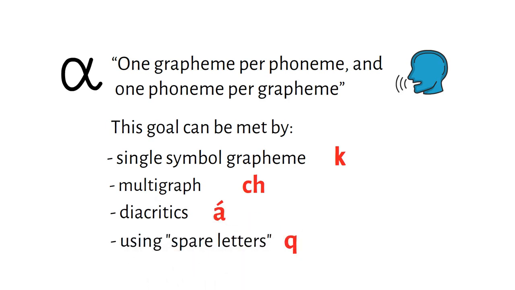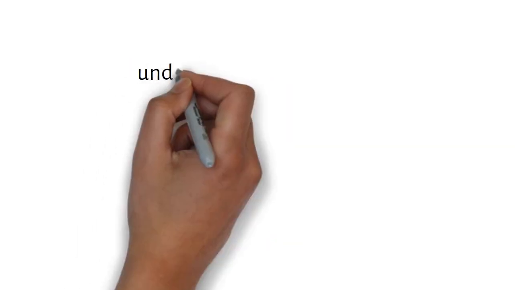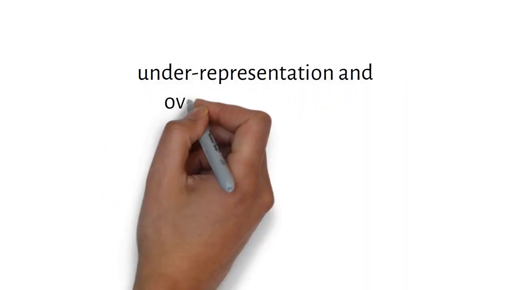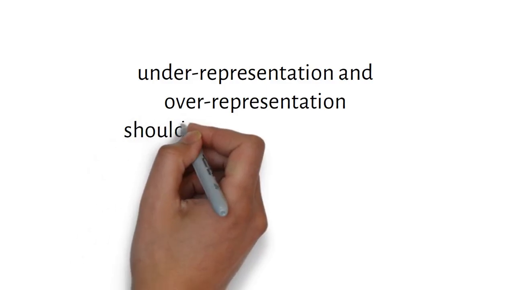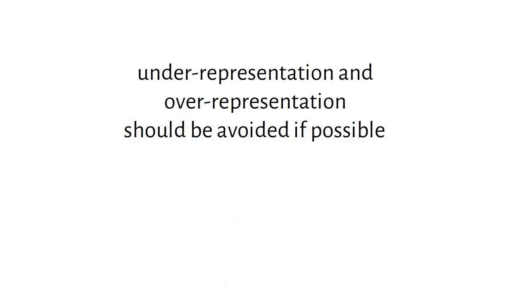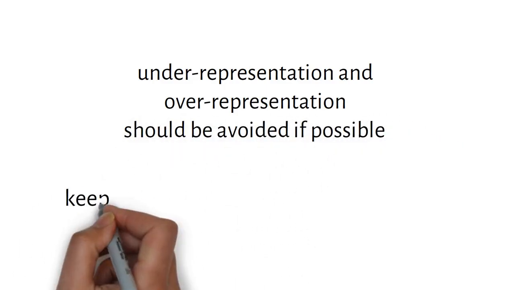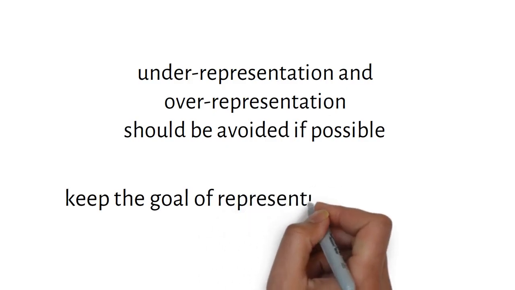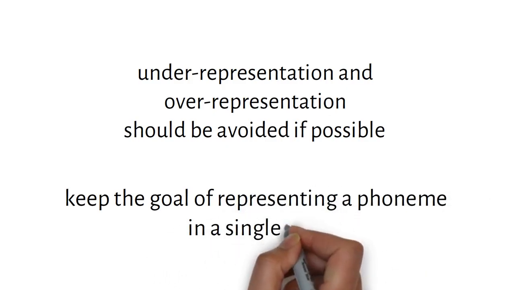These are all possible ways to represent a phoneme by a single grapheme. Remember, underrepresentation and overrepresentation should be avoided if possible. We do want to keep the goal of representing a phoneme in a single way.